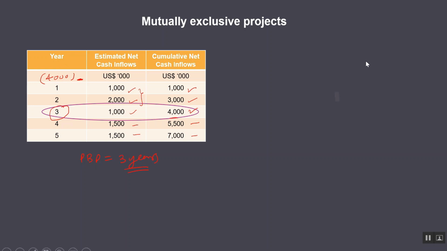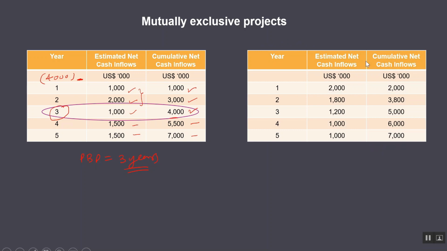Now let's look at project B. Project B also requires 4 million. The first year the earning will be 2 million, so the cumulative cash flow will be 2 million. Second year, as you can see, 1.8 million, so 3.8 million will be the cumulative cash inflows.